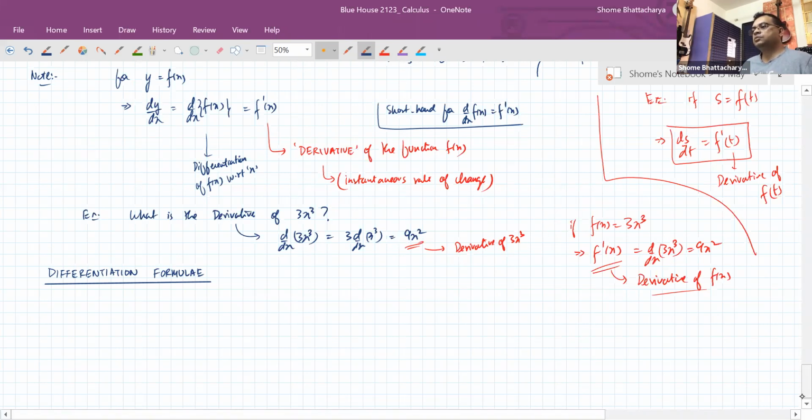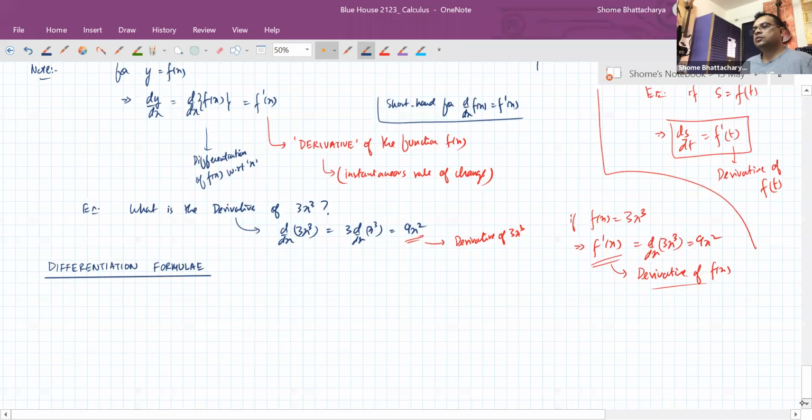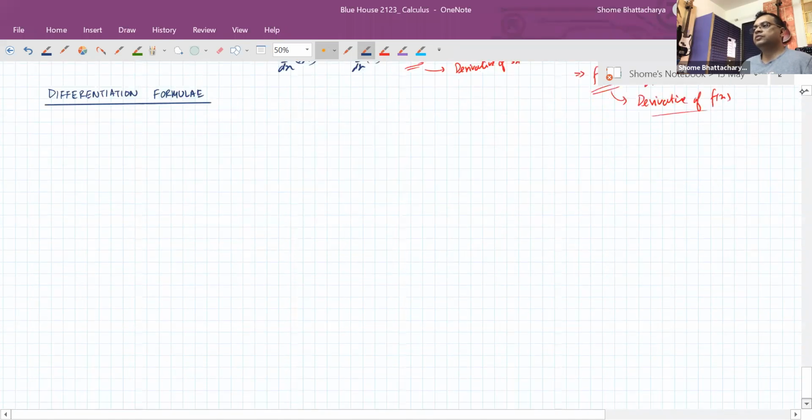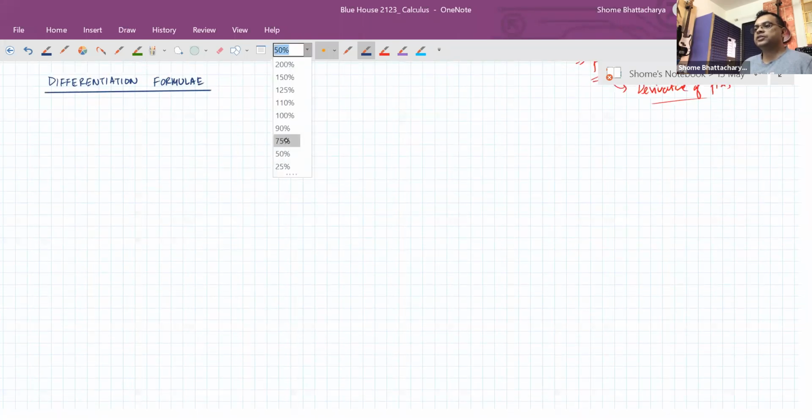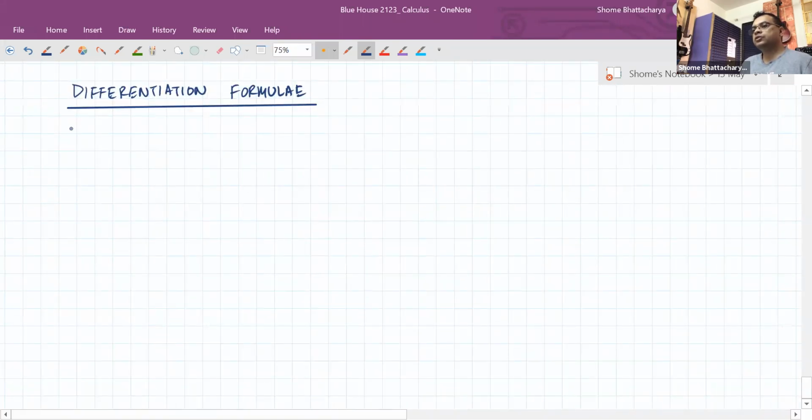Okay, so let's come to some additional differentiation formulae. Having seen the differentiation of x to the power n, which is the primary formula for all algebraic functions, next we move on to differentiation for trigonometric functions.